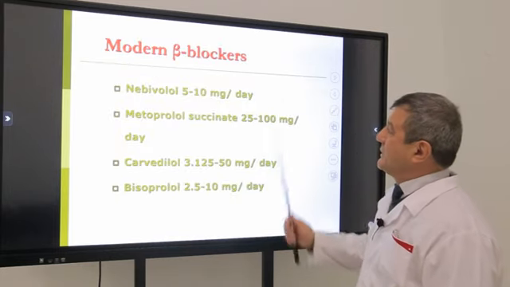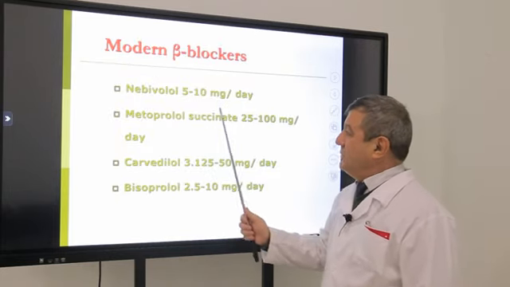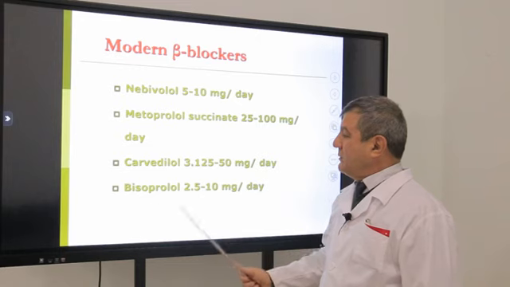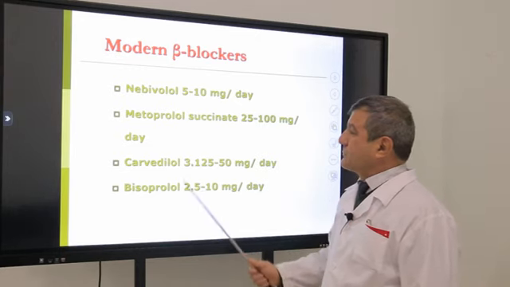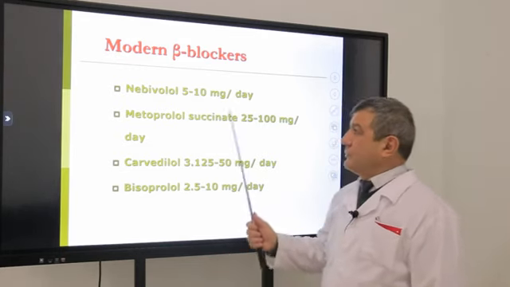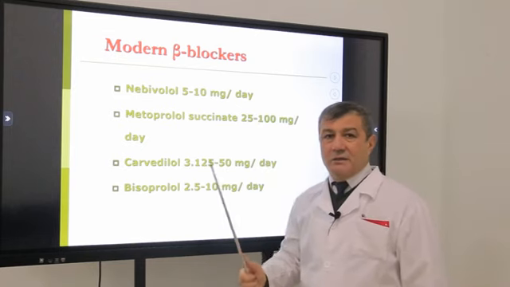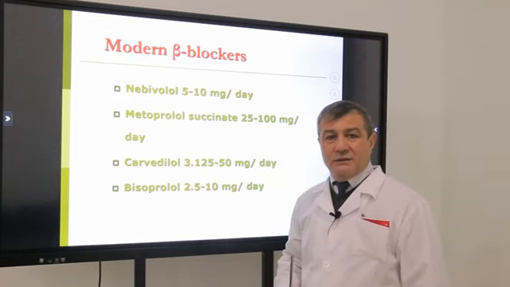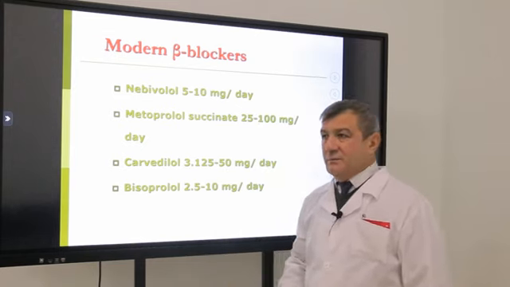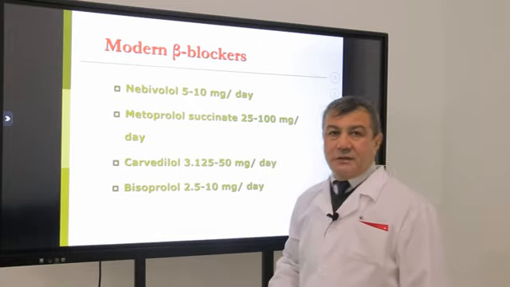Next one, beta blockers: nebivolol, metoprolol, carvedilol, bisoprolol. It is better to choose these medicines if patients have hypertensive disease and, in addition, stable angina.